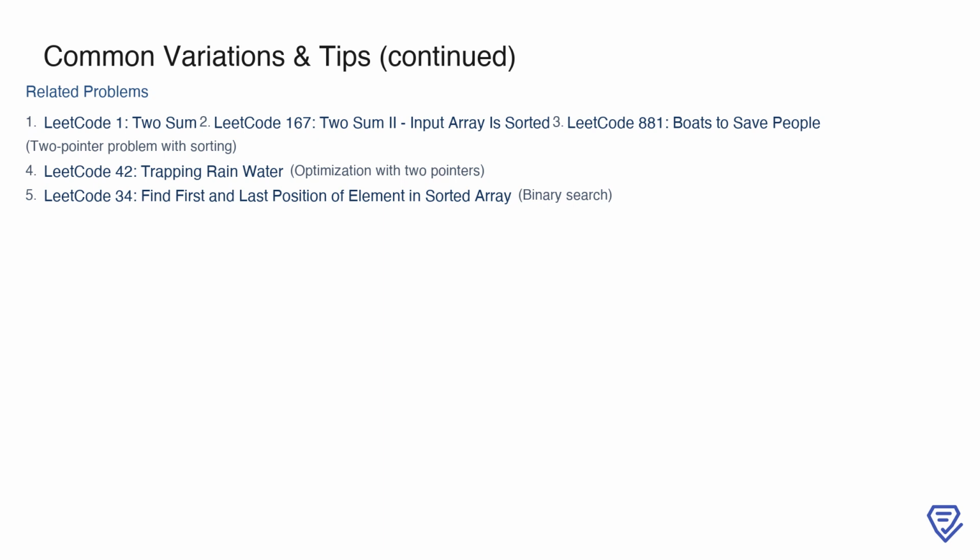LeetCode 42, Trapping Rain Water, demonstrates how optimization with two pointers can be applied in a different context, focusing on water trapping instead of arrays. Lastly, LeetCode 34, Find First and Last Position of Element in Sorted Array, showcases the power of binary search in locating specific indices efficiently. Studying these problems can deepen your understanding of when and how to use these techniques effectively.